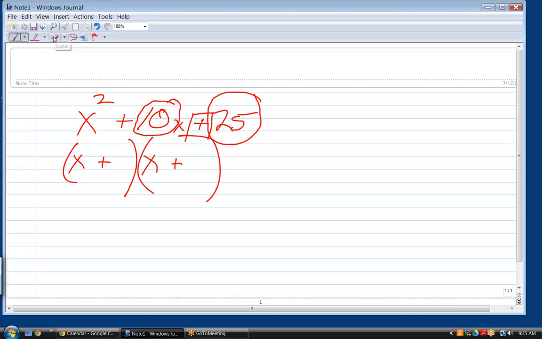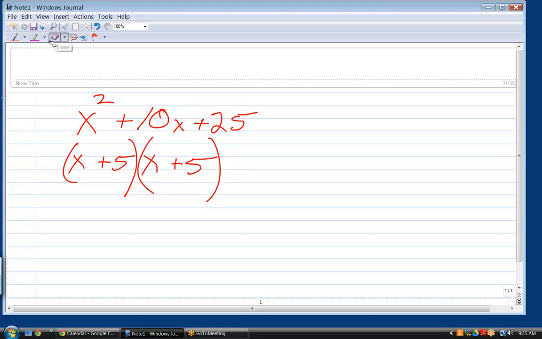Well, 5 and 5. And on these kinds of problems, this is as simple as it gets. There's only 3 steps. And those are the 3 of them.